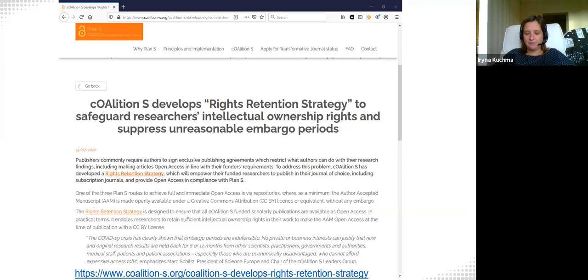But if a publisher doesn't allow that, then usually it's a version which is called postprint, or author's accepted manuscript. In terms of content, it is identical to the version which is published as a journal article, but the layout might be slightly different.